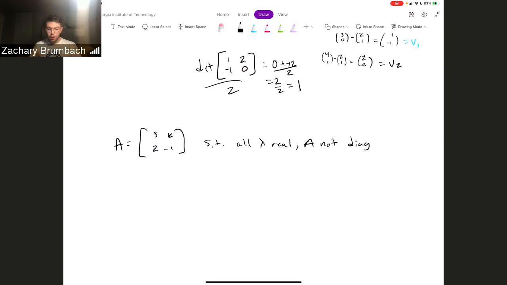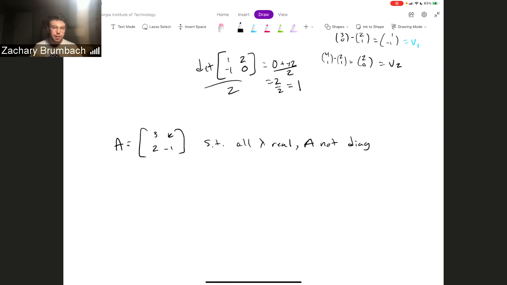One of the facts that we talked about is the volume of a parallelepiped. Yes, that is true, and note that it has to be the absolute value of it. You can't have a negative volume. Such that lambda is real and A is not diagonalizable.